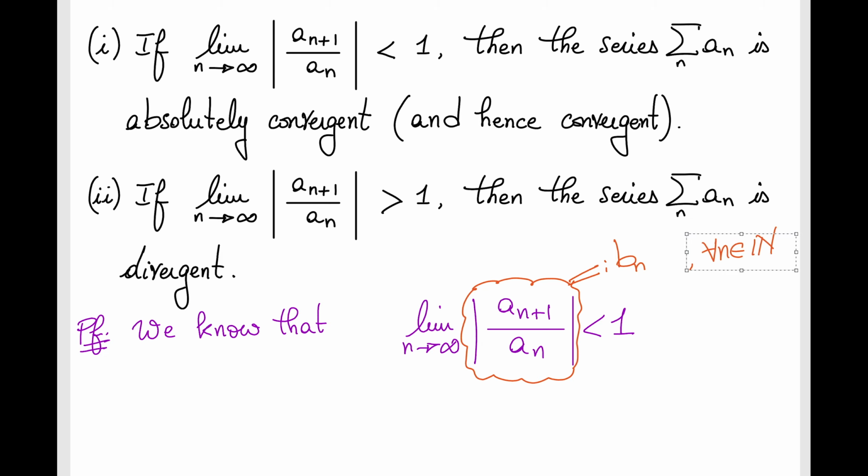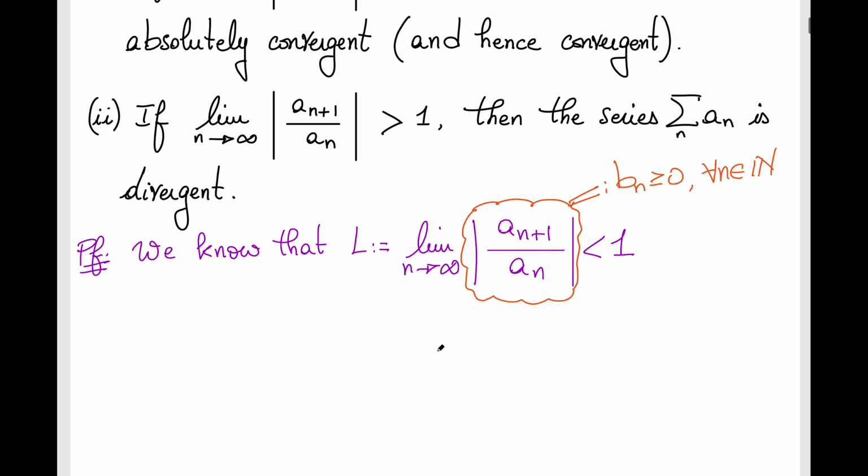Because it's the absolute value of something, so this is a non-negative entity for sure. And the worst it gets is 0, right? So this limit is a number that's non-negative and smaller than 1. How about we give it a name? How about we call this limit L? So L is smaller than 1 and it's non-negative.